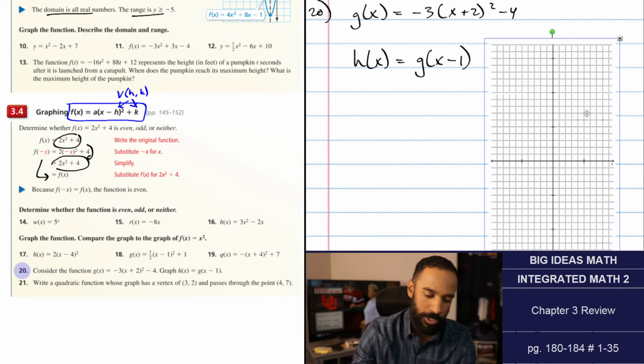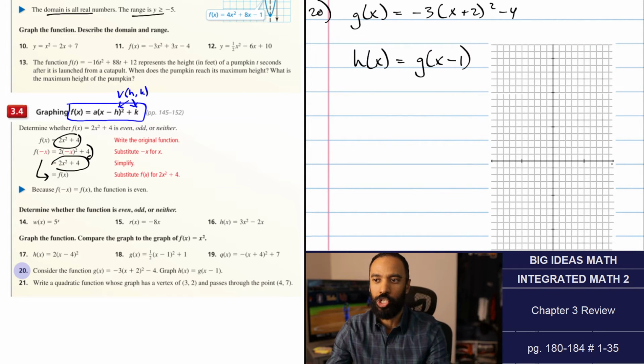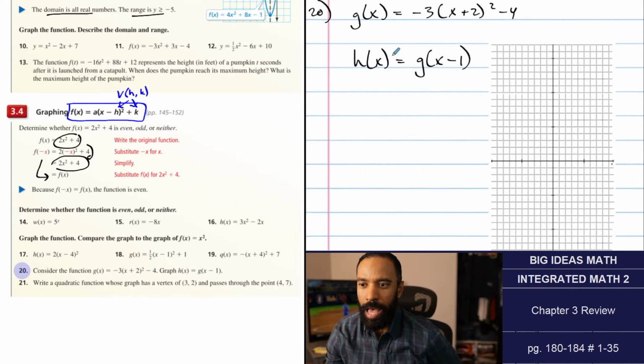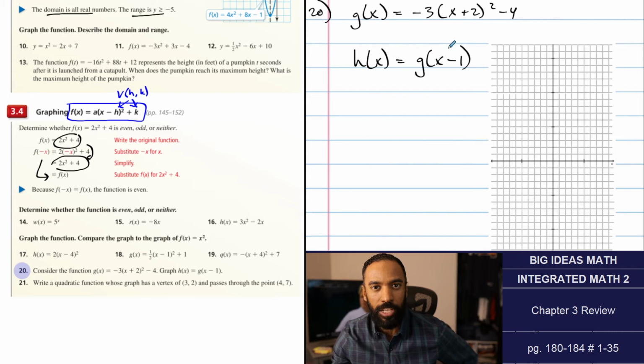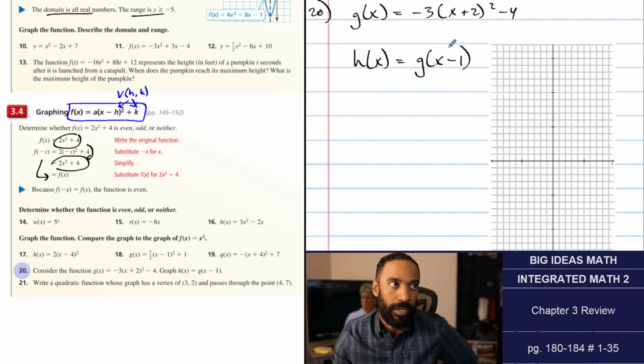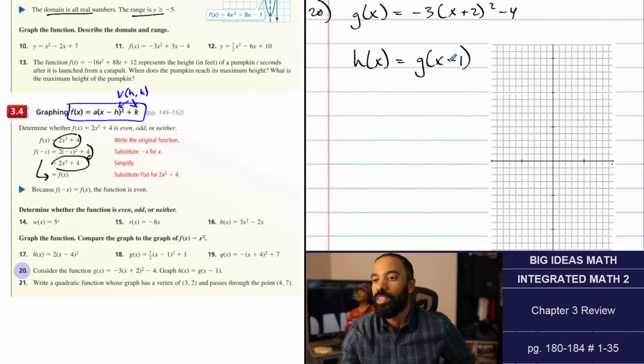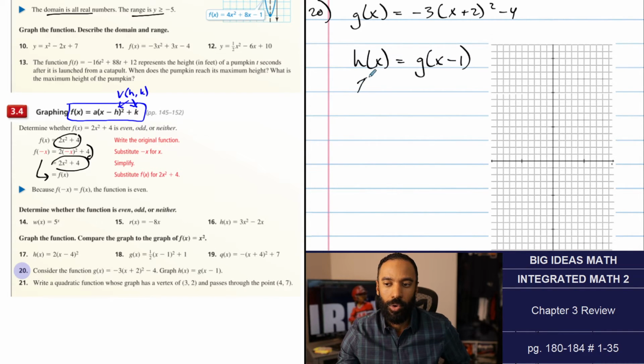In a graph sense, h of x is g of x minus 1. That means that h takes this graph here and translates it, just like the vertex was that minus 1 here, where we would go 1, like for vertex is 1, 0 or something like that. This would take everything and move it 1 to the right. So for h of x, you're going to translate g of x 1 unit right.